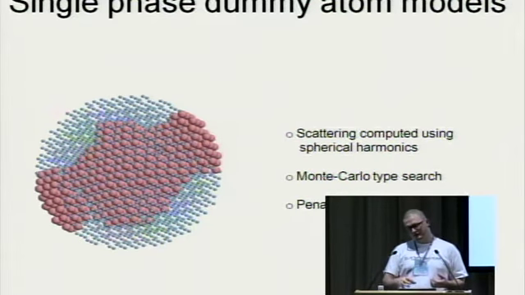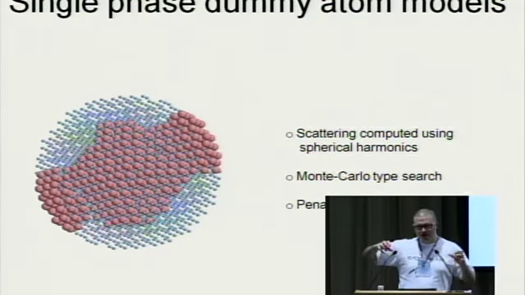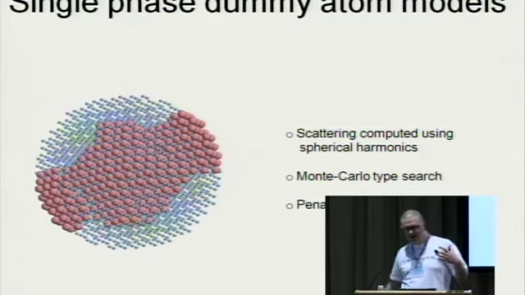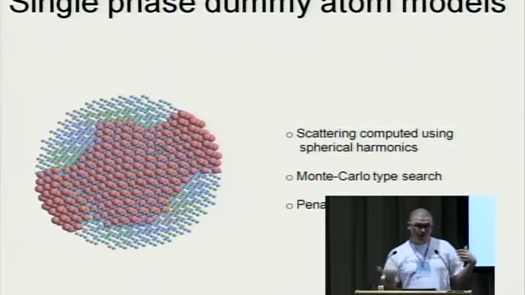This is a Monte Carlo type search, which means that you randomize your model and you try to change it in a way that it would change the scattering pattern towards minimizing the discrepancy between experimental data and theoretical scattering. And we use a procedure called simulated annealing, which permits us to avoid the local minima. So using this method, we always fit the experimental data.